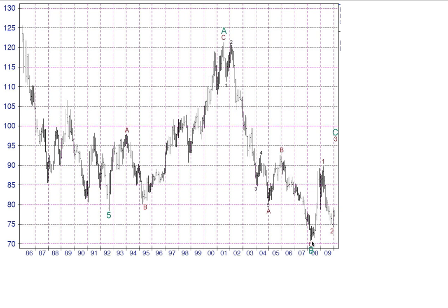If a flat correction has wave B ending beyond the start of wave A, it's called an expanded flat correction. In an expanded flat correction, usually C ends significantly beyond the end of wave A, which was about 122. Therefore, we can expect in coming years very strong dollar rises to end comfortably above about 122, significantly beyond that.